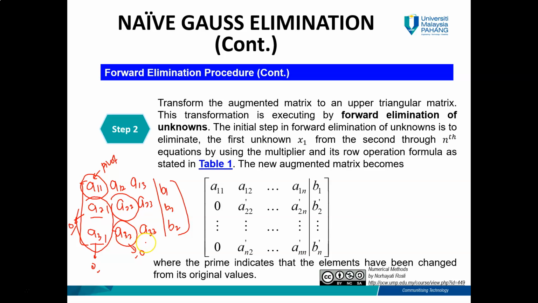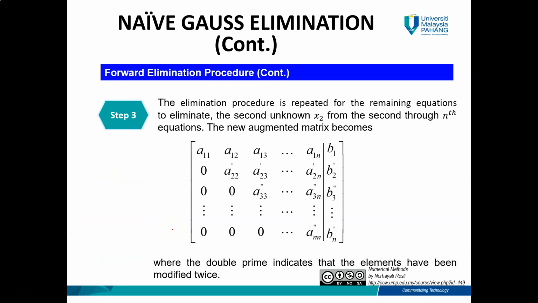But of course, in that process, all the A here will have different values. The values will be changed because we transform this matrix into an upper triangular matrix using the row operation formula. So you will see later the values of A22, A33, A23, B2, and also B3 will be changed. How to do this?